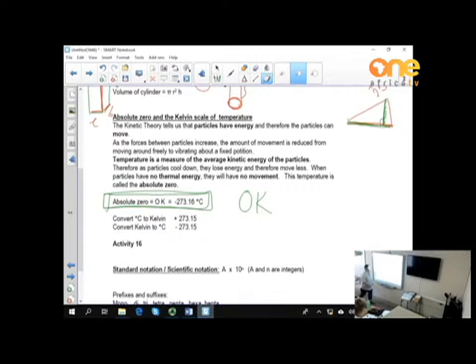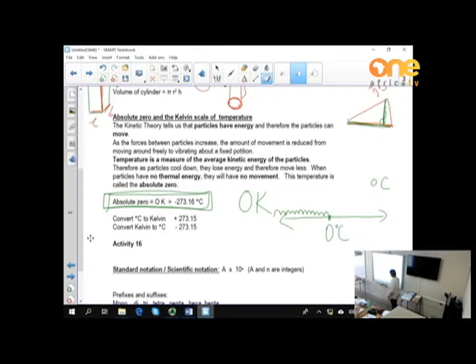Now just have a look. 0 degrees Celsius is the temperature at which water freezes. But do the water particles in the ice have no energy? No. So I can make ice colder and colder until the particles have no energy.